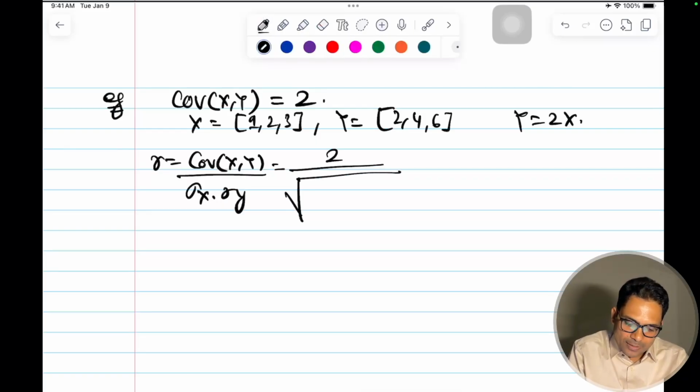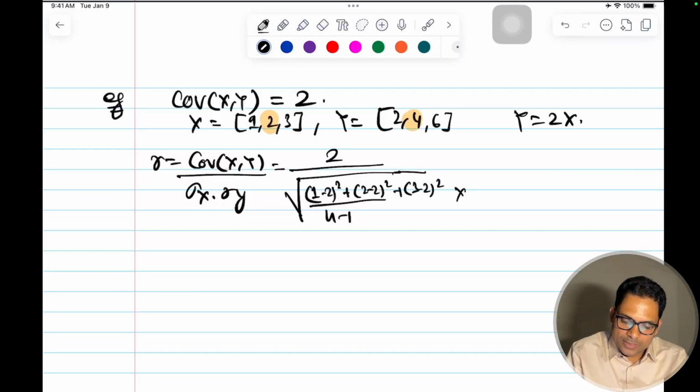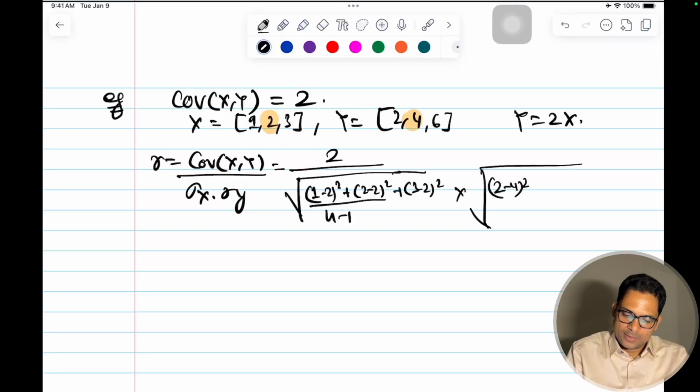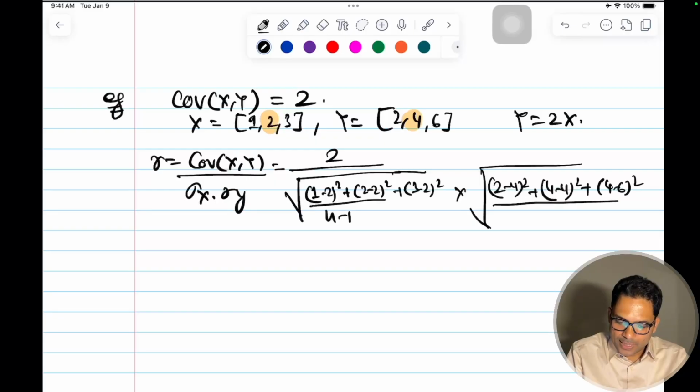It is the distance from the mean. Our mean for x is 2 and for y is 4, squared, and again the n minus 1 correction factor will be there. For sigma x, this will be the square root of (1 minus 2) whole square plus (2 minus 2) whole square plus (3 minus 2) whole square, divided by n minus 1. Sigma y is the square root of (2 minus 4) whole square plus (4 minus 4) whole square plus (4 minus 6) whole square, divided by n minus 1.